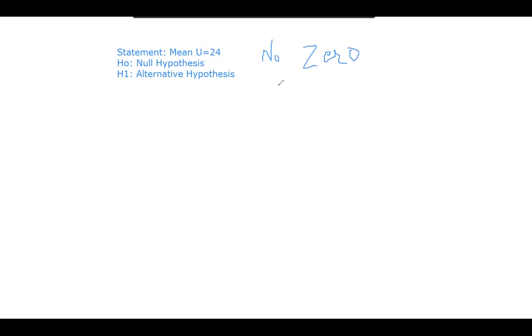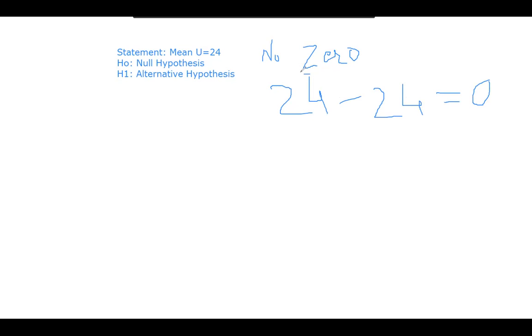You are saying 24 for the population, and based on my assumption and my statistics this is also coming 24, which means there is no difference, they are the same. Null means 0.